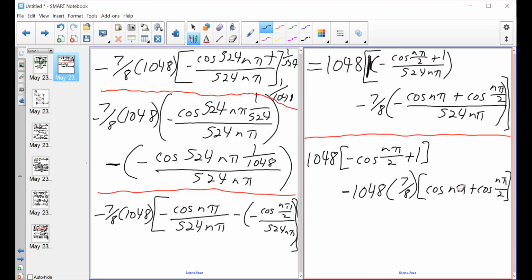I just distributed my negative signs. I took this outside. It's going to be 1048 times this. And in order to maintain this as a negative, I just made this positive, and did likewise for the second term there. And again, all of this is going to be divided by 524 n pi.